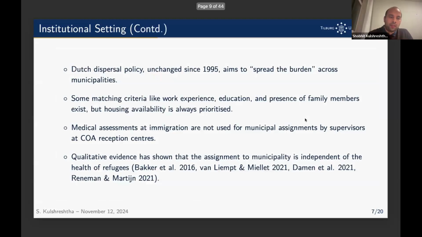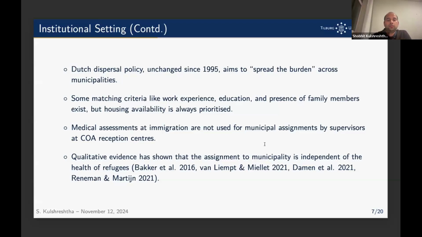Some more background. The Dutch dispersal policy has not changed since 1995, and the idea of this policy is to spread the burden across the municipalities so that not one municipality has to face all the cost and provide all the accommodation to the refugees.